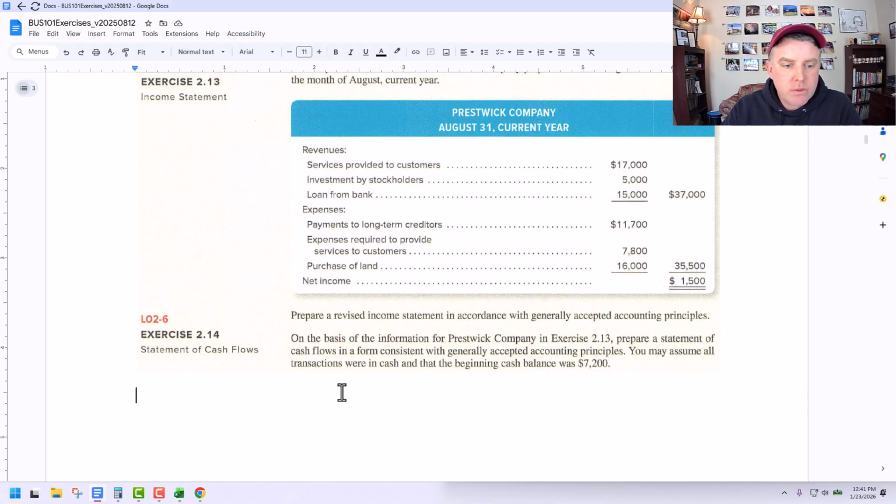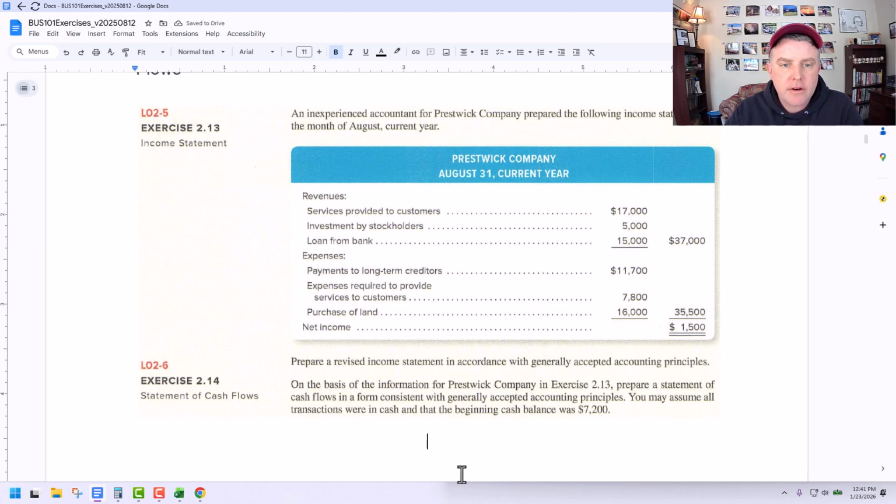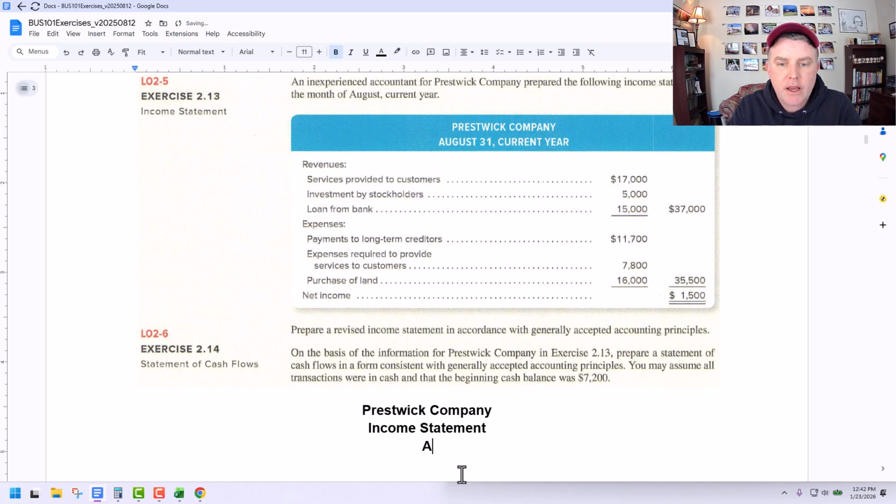All right, so the first thing that we always want to do when we make a statement is put a header here. We're going to say this is Prestwick Company, and we are making an income statement for the year ended August 31, current year.